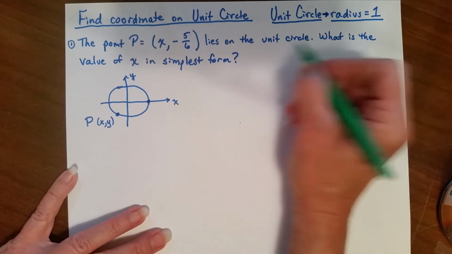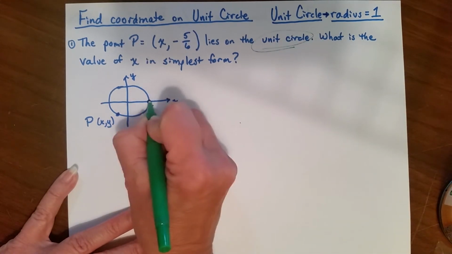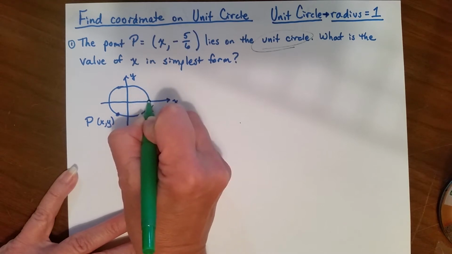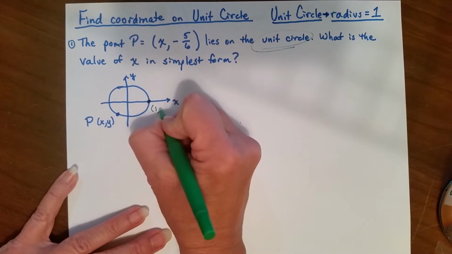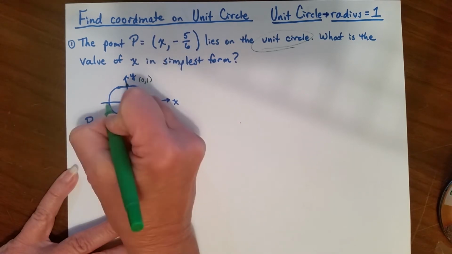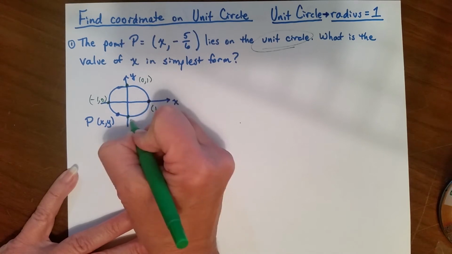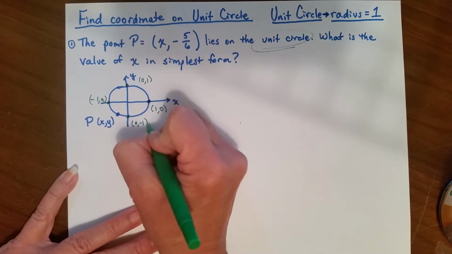Now remember, we're on the unit circle, which has a radius of 1. So this would be the point (1, 0), this would be (0, 1), this would be (-1, 0), and this would be (0, -1).